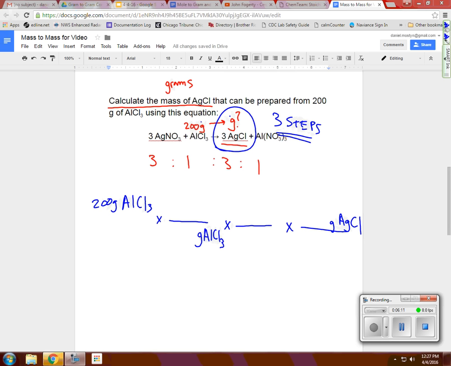Now, whenever I have grams in a unit conversion, I always want to make sure that I use the molar mass. So whenever we have grams, we know that this is a molar mass ratio that I want in this one right here. So we always use grams with molar mass. The term mass means grams, is measured in grams.